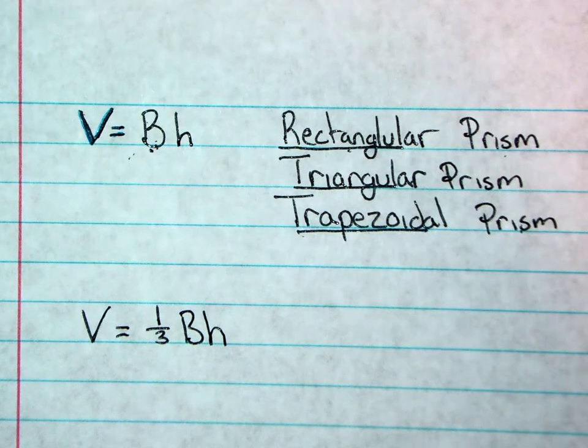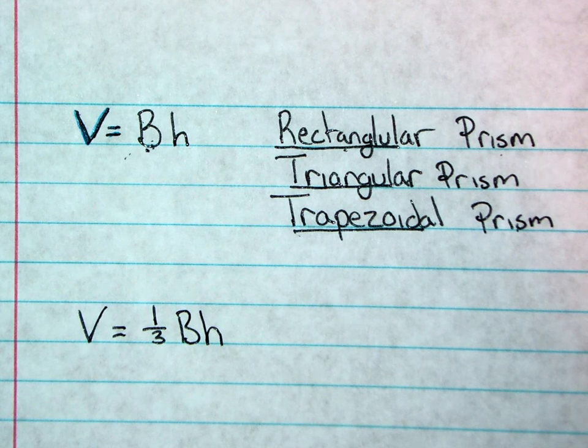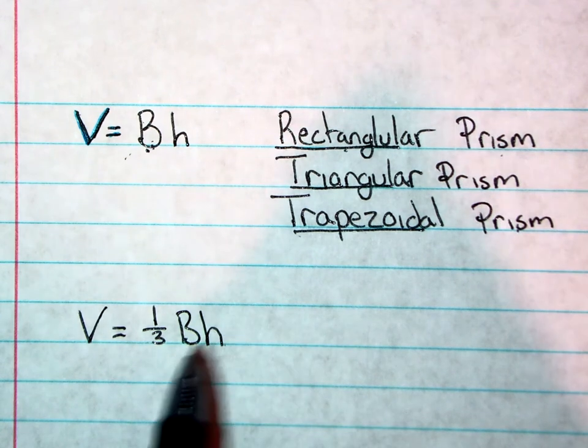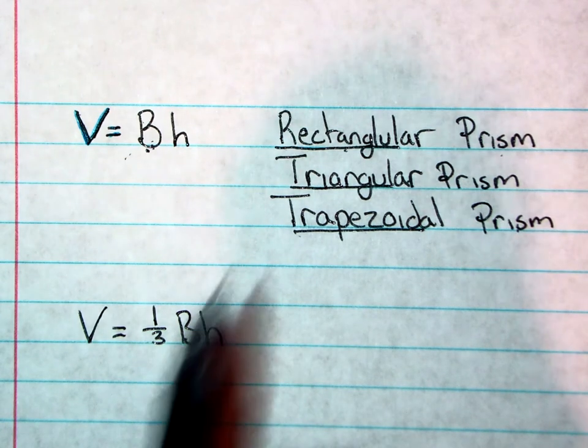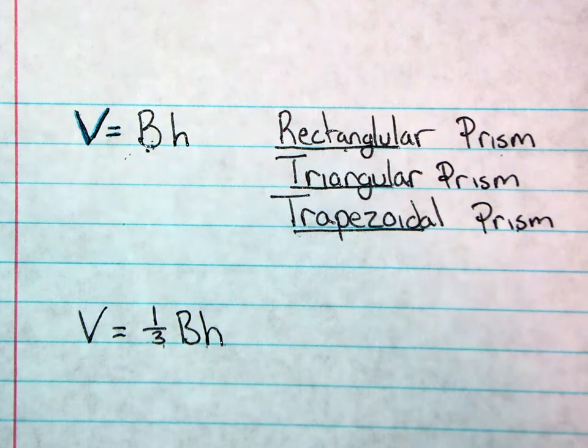And you should remember in class that I did that mini lab in which I demonstrated that it took 3 of the square pyramids being filled with water to fill a cube with the same base as the square pyramid. And that was to demonstrate this relationship of the square pyramid being 1/3 of the volume of the square prism.